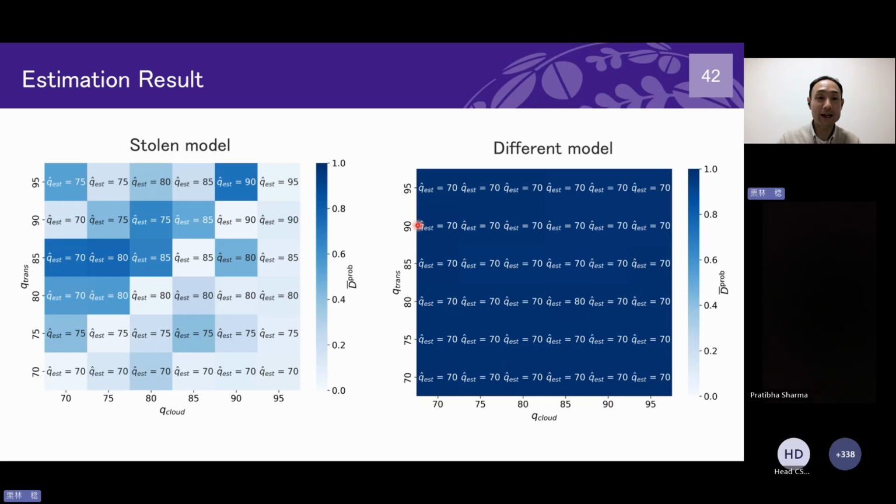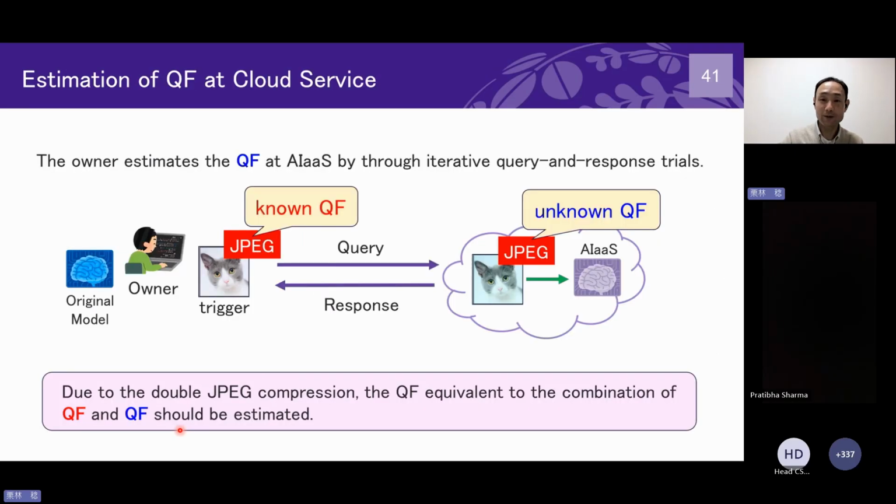So this is the result of the query and response trials. A little bit difficult to observe, but anyway, in the storm model, the owner tried to change the quality factor.